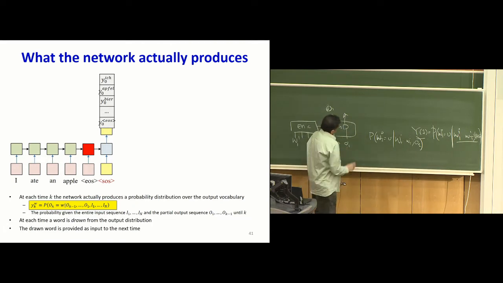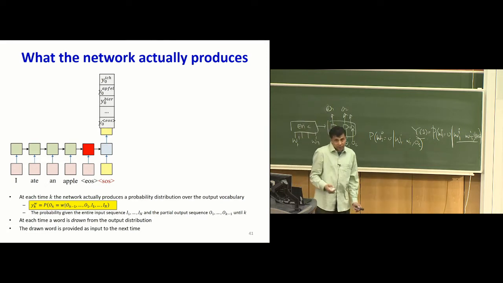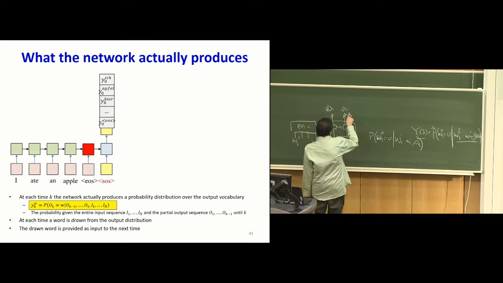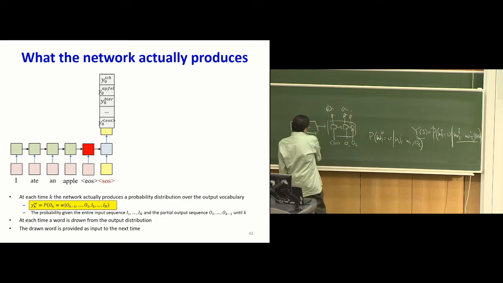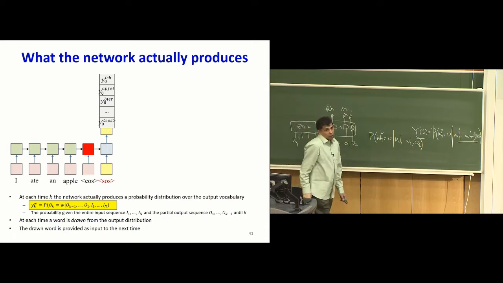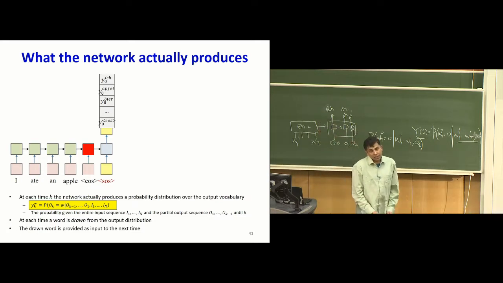So at the next time, let's say I have drawn some word O2 over here. O2 is also being input. Now at the next time, the output of the network is going to be the probability distribution over words given the entire sequence of inputs and the sequence of outputs that have been produced until time 2.